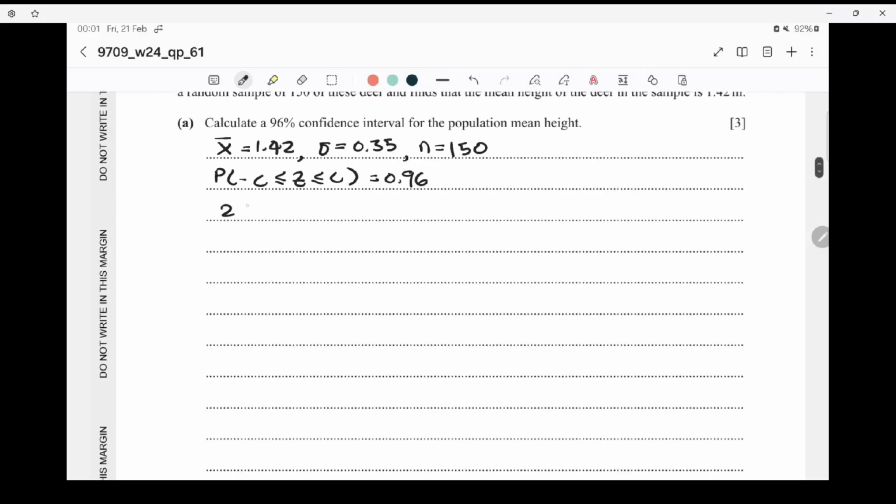So this goes back to P(Z ≤ C) minus 1 equals 0.96. When you move everything around, in the end you get 0.98. So check from your table, your C should be 2.054.